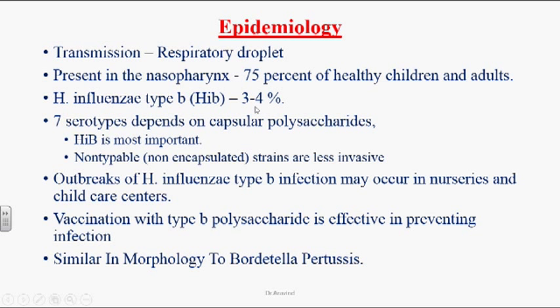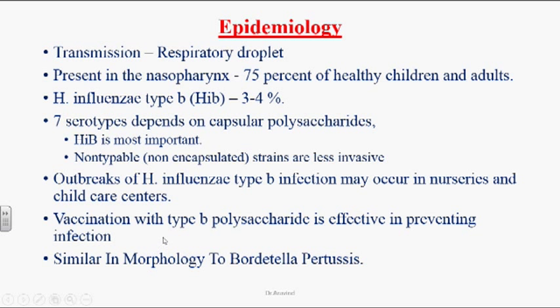In 3 to 4% of patients, especially children and adults, we can see H. influenzae type B, that is Hib, and Hib has 7 serotypes. Hib is most important, and non-typable organisms are less invasive and can cause sinusitis, pneumonia and bronchitis infections. The outbreaks of these infections are majorly seen in children in daycare centers and nurseries.